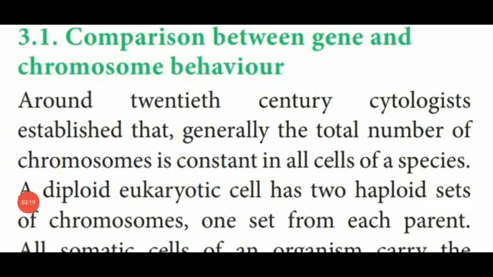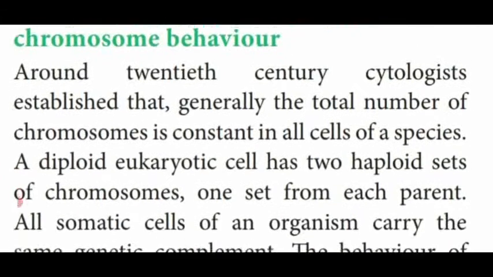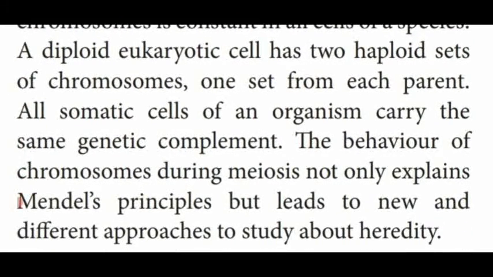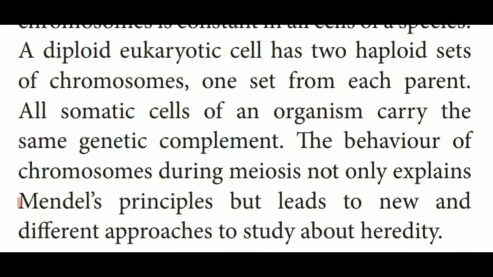Dear students, this is the topic we have seen in the previous video class: comparison between gene and chromosome behavior. Each species contains a certain number of chromosome sets in the somatic cells of an organism, one from the mother parent and another from the father parent.